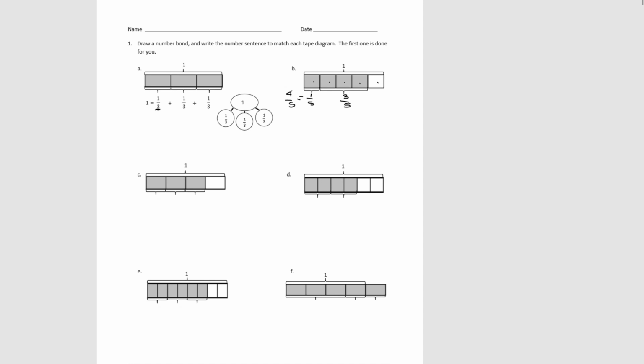So 4/5 is equal to 1/5 plus 3/5. And so our number bond would show 4/5 as 1/5 plus 3/5. Pause the video and try C.